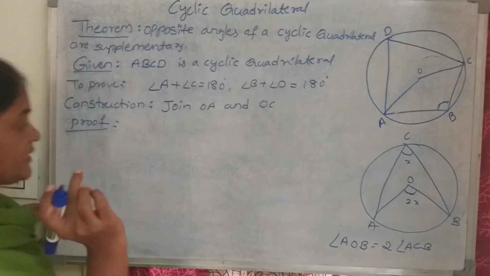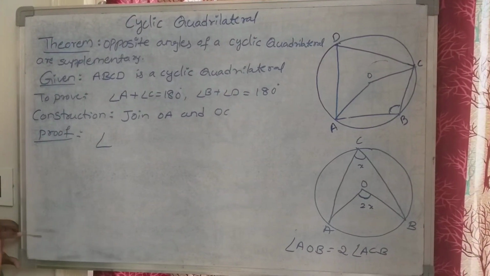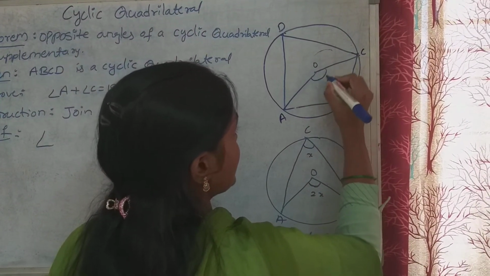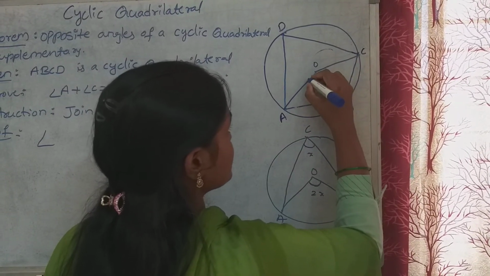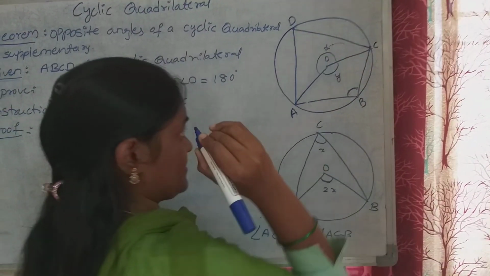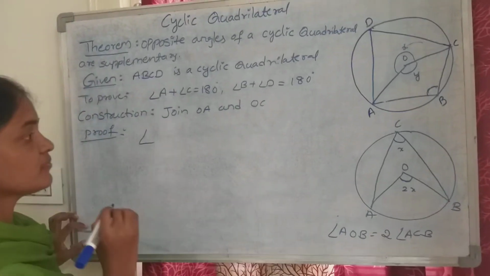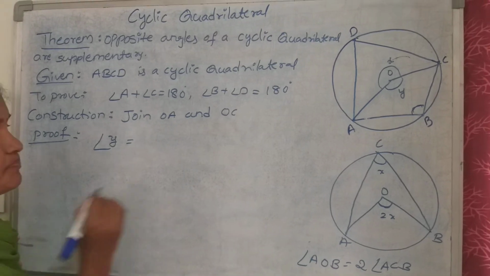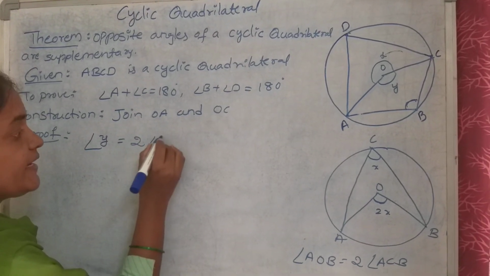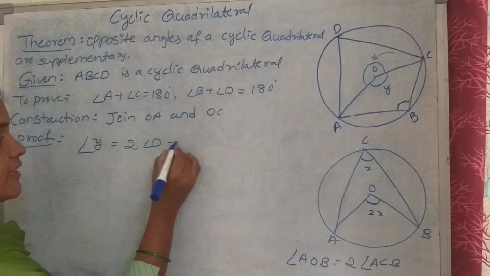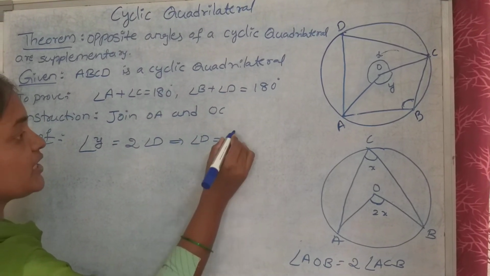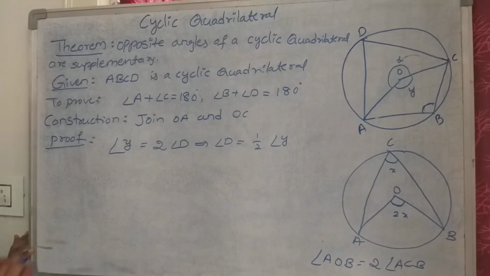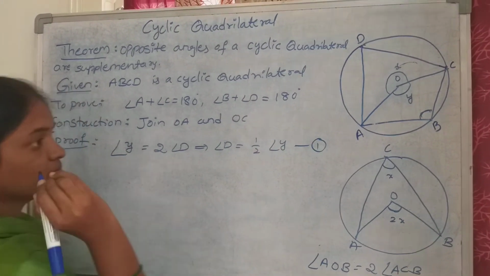Using this statement, here this is angle Y, this is angle X. Angle Y equals 2 into angle D. That implies angle D equals 1 by 2 into angle Y. This is equation 1.